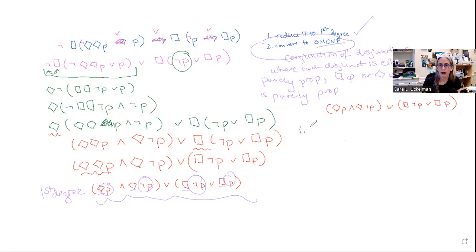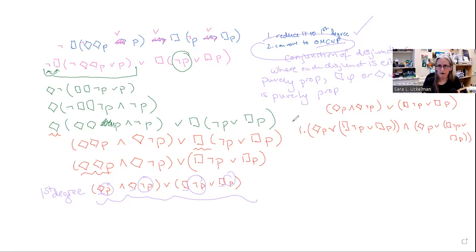So first step means that we've either got possibly P, or we have necessarily not P, or necessarily P. And we also have the other possibility, namely possibly not P, or necessarily not P, or necessarily P. I'm running out of room. How terrible. Okay, have I matched all my parentheses?